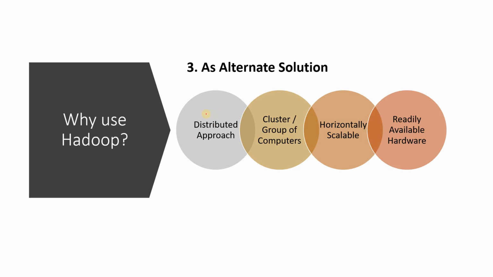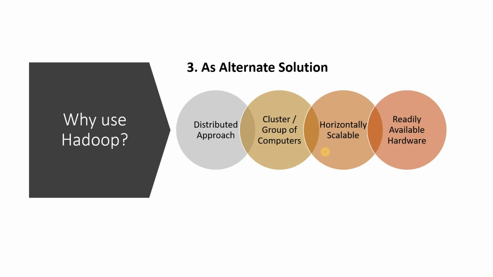One would be the distributed approach. We want something that has a distributed approach. Next, we want something with clusters, or a group of computers, dealing with our big data or a high volume of data. And then we want something that is horizontally scalable. So what is horizontally scalable?